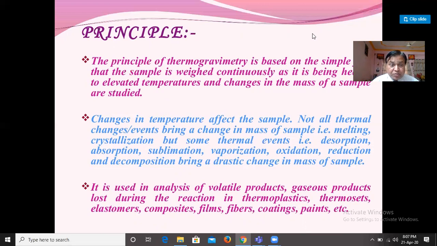It is used in the analysis of volatile products, gaseous products lost during the reaction in thermoplastics, thermosets, elastomers, composites, films, fibers, coatings, paints, etc. These techniques are used for this type of compounds.